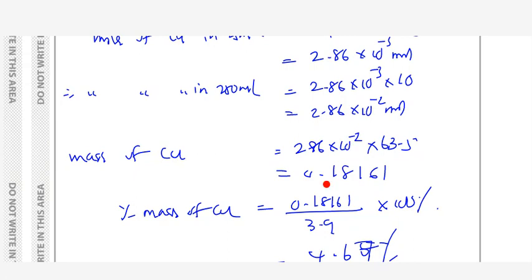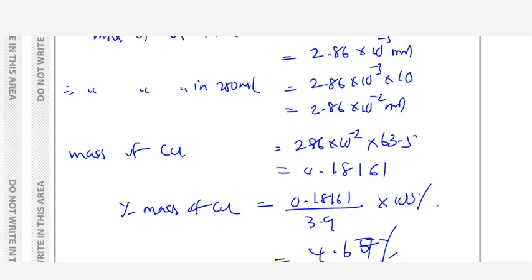Oh, yes, mass of copper. Let me check. I think I made a mistake there. Calculation: 10 to the power minus 2 times 63.5. Yes, you're right. I put the decimal at the wrong place. It should be 1.8.